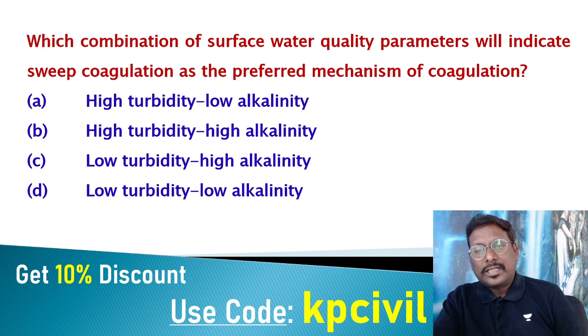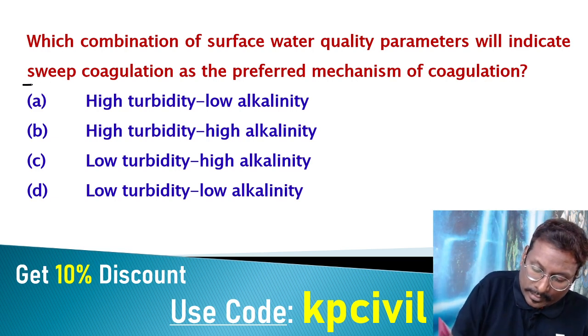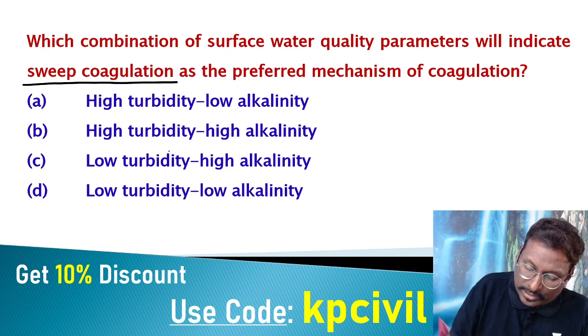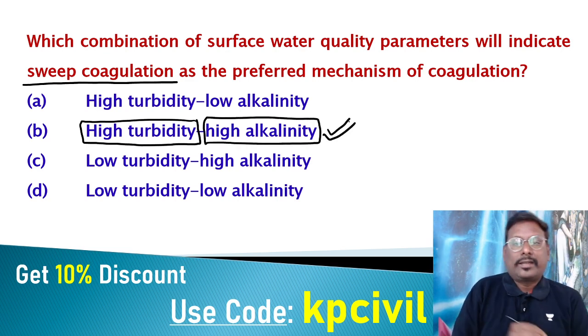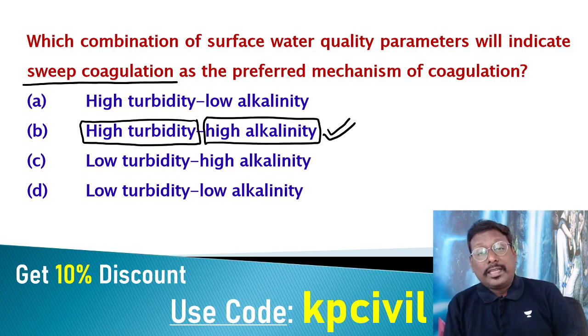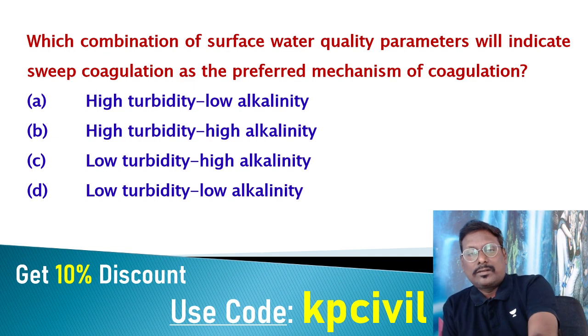Which combination of surface water quality parameters will indicate sweep coagulation? Water containing high turbidity, high alkalinity, that requires sweep coagulation.